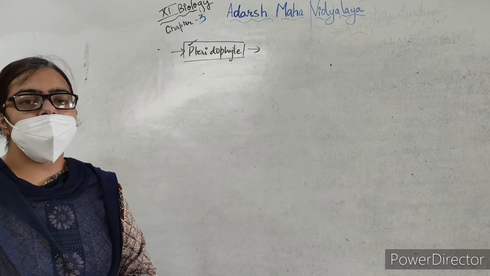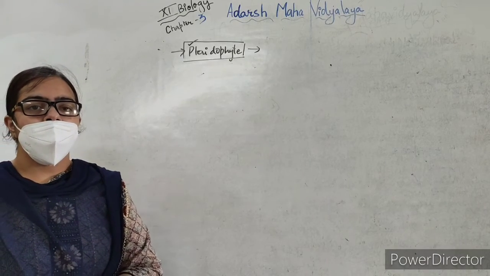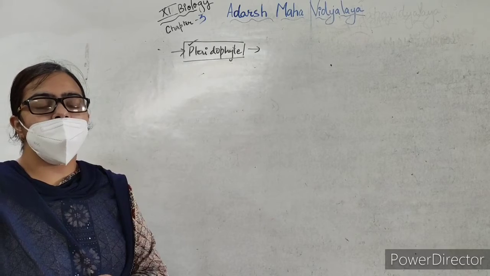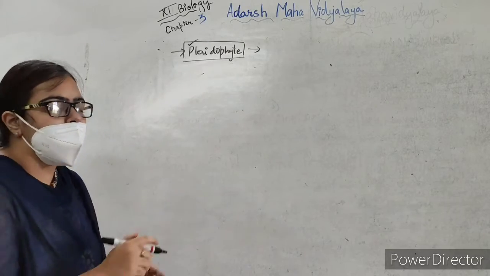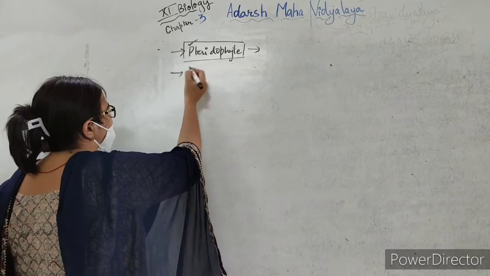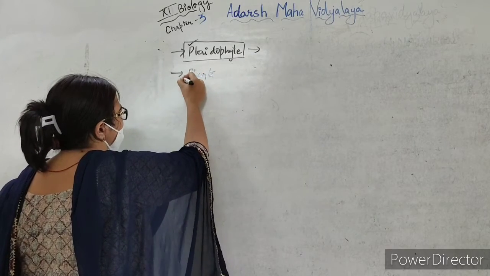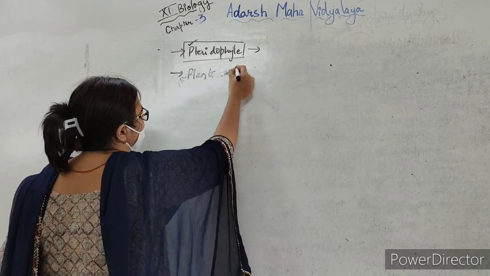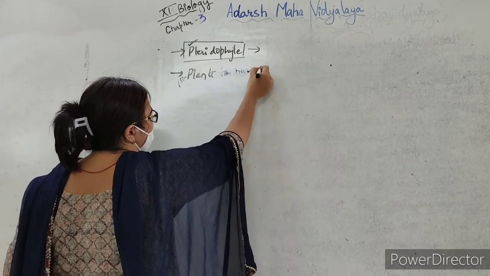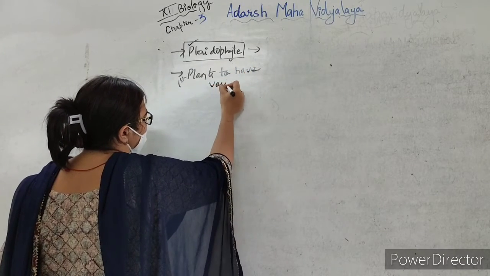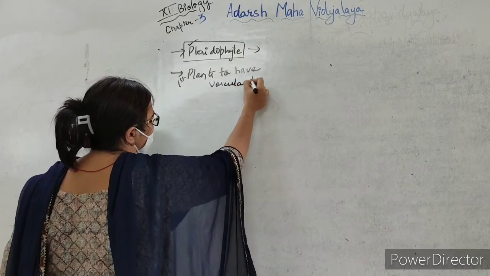They are also used as ornamentals. Now they are the first terrestrial plants which possess vascular tissue. First plants to have vascular tissue.